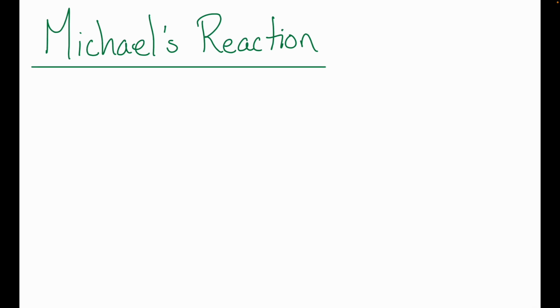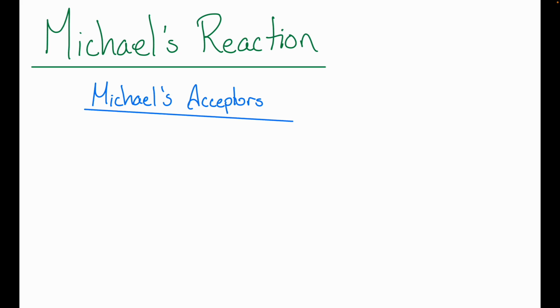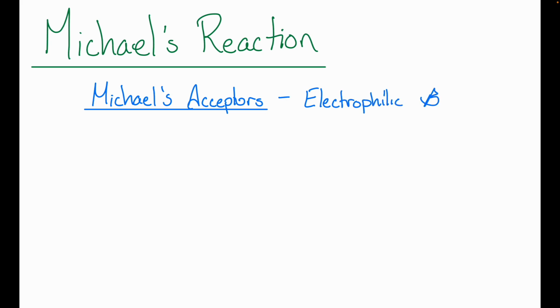All right, so we talked about our Michael acceptors. Again, these are compounds with electrophilic beta carbons. We looked at a particular example last time, the enone.